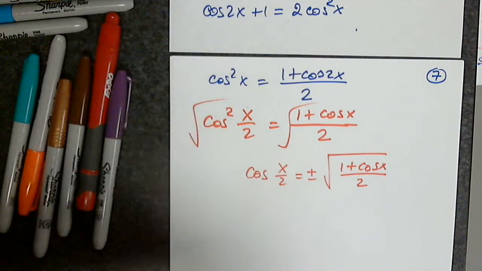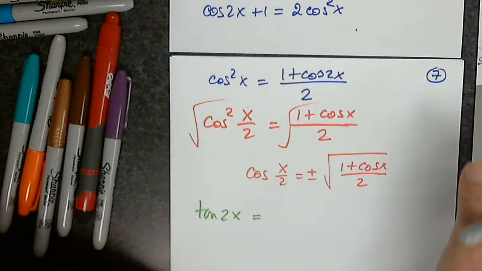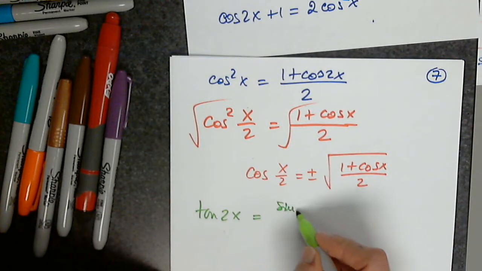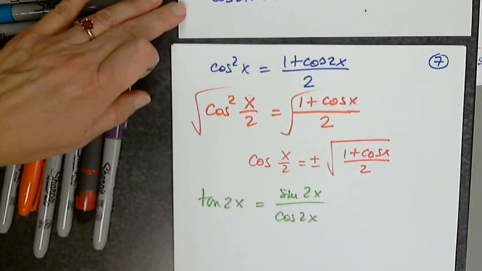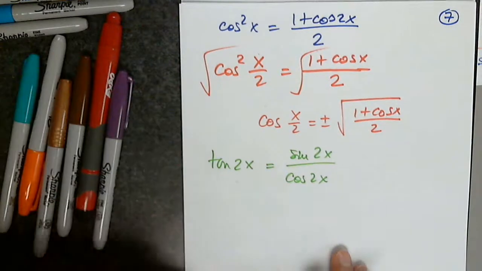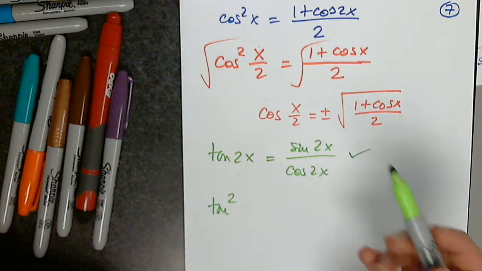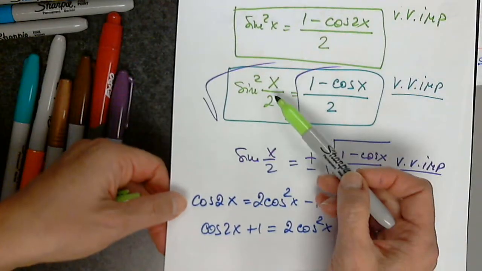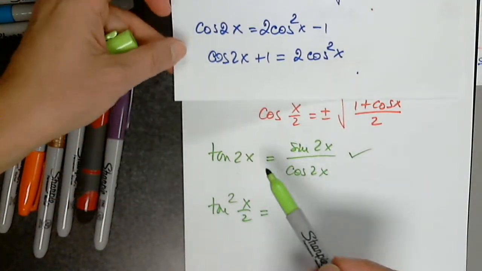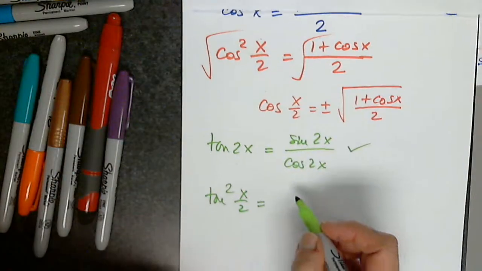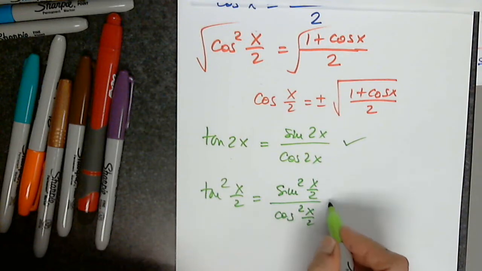Good. So let's also look at tangent twice x, which is sine twice x over cosine twice x. And maybe I should just look at the squared part. That's better. I just want to create the ratio of sine squared x over 2 over cosine squared x over 2.